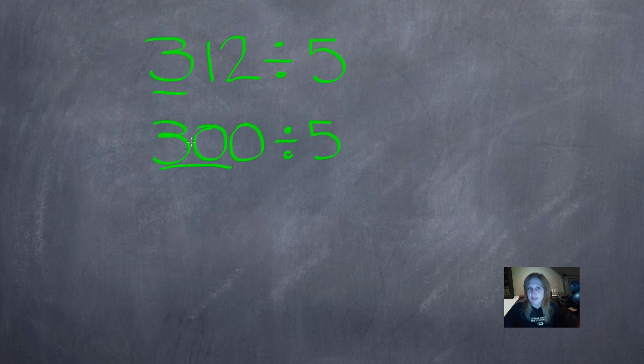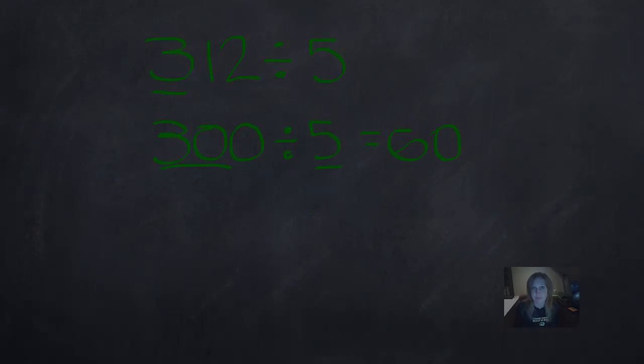Even though that's one of the zeros, I'm going to use that as my underlined number. So I want to make sure I keep it underlined so that I know not to add that as a 0 later. 30 divided by 5 is 6. 6 times 5 is 30. Now I just have 1 0 left over to add on there. So 300 divided by 5 is 60.